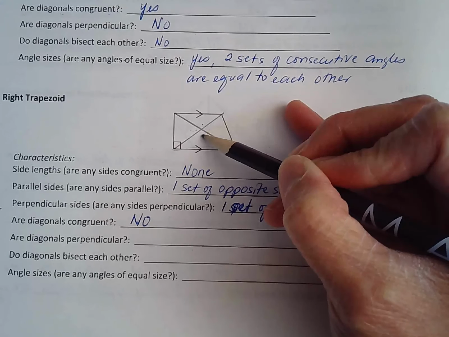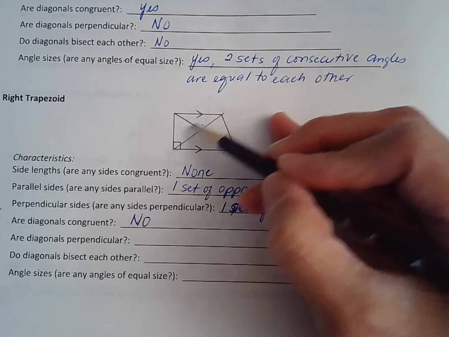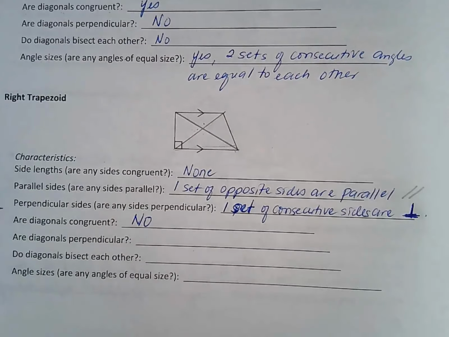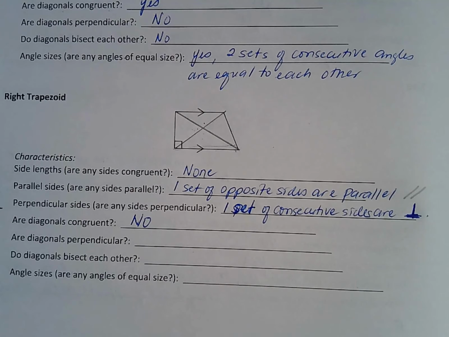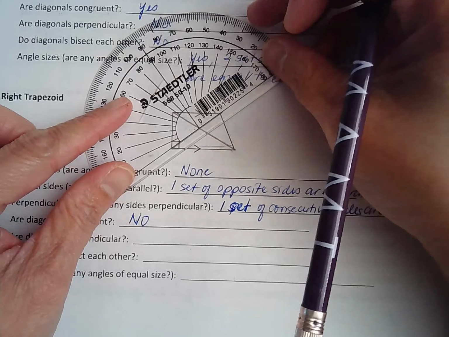Because remember, when you have a straight line, when two angles add up to 180, it's called supplementary angles.